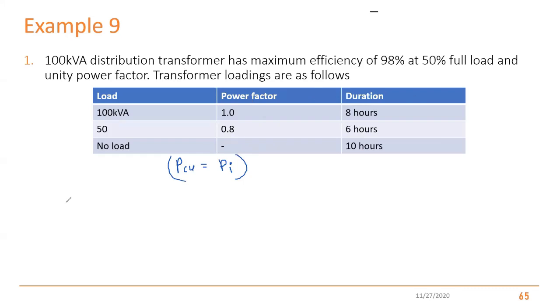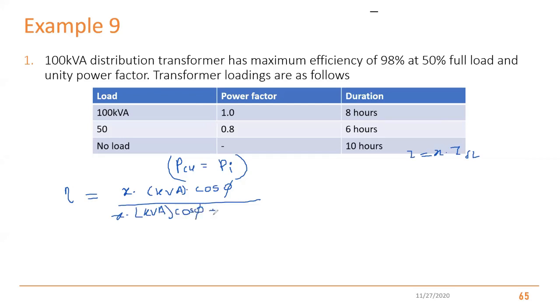If you recall the efficiency equation, for 98% efficiency, if the current is x times the full load current, I can write the efficiency equation as x kVA cos phi divided by x kVA cos phi plus copper loss plus iron loss.